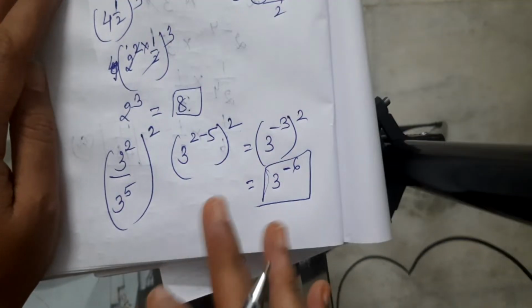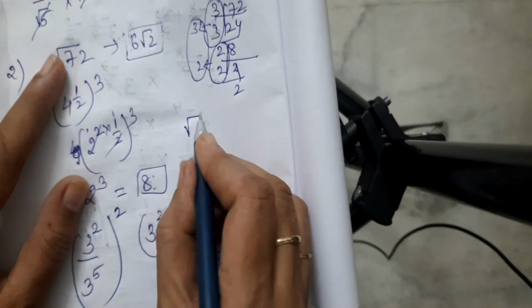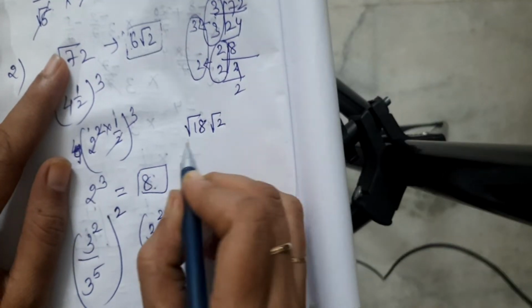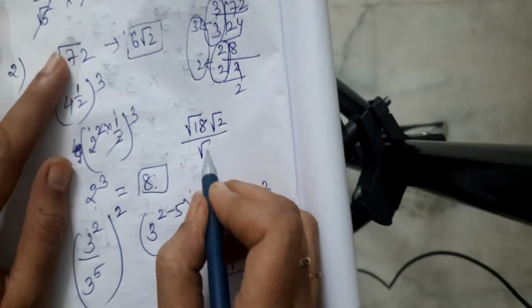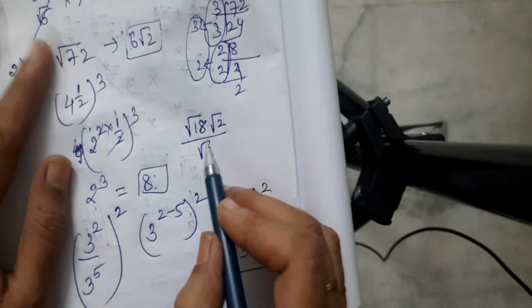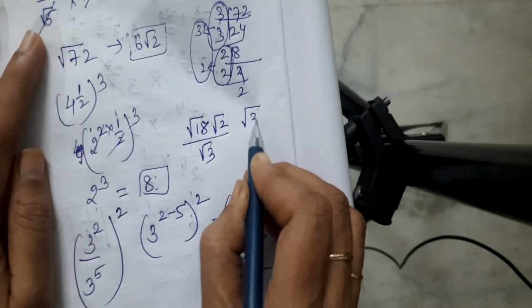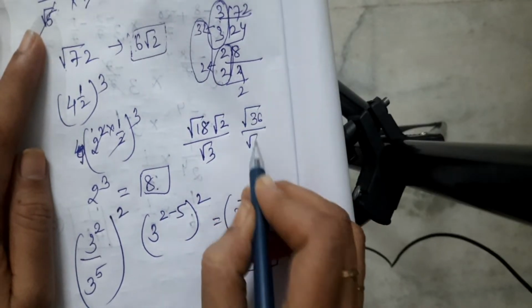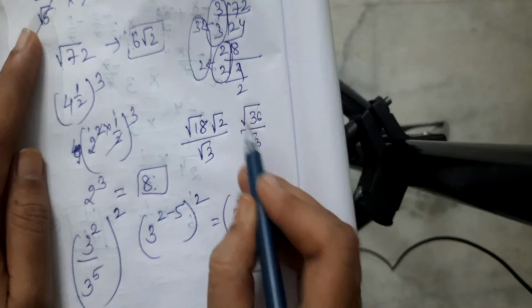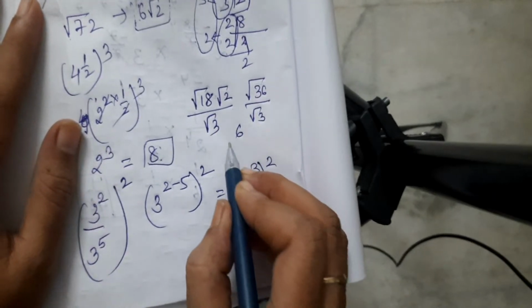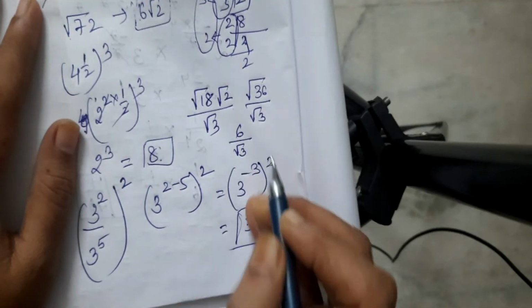And the last one, it's given root 18 multiply by root 2 and then root 3. When you multiply root 18 with root 2, 18 2s are 36 upon root 3. 36 square root is 6. 6 6s are 36. And then in the denominator we are having root 3.